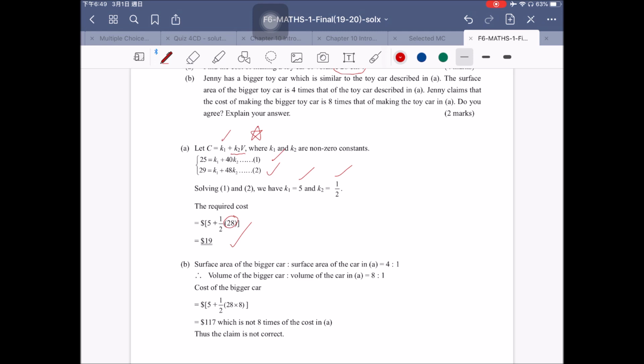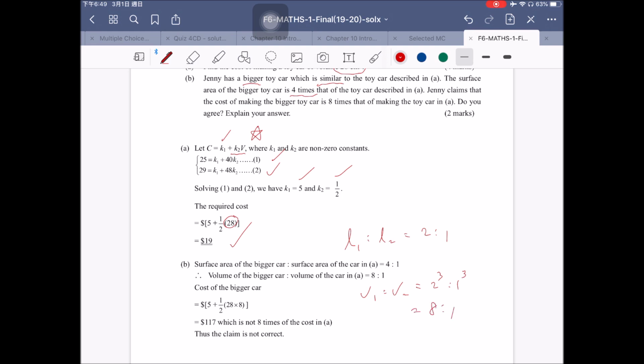Part B, Jenny has a big toy car, which is similar to it. Okay, the surface area is 4 times, so the length ratio is 2 to 1, and the volume ratio is 2 cubed to 1 cubed, that is 8 to 1.